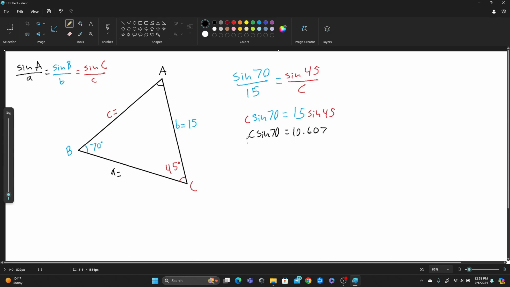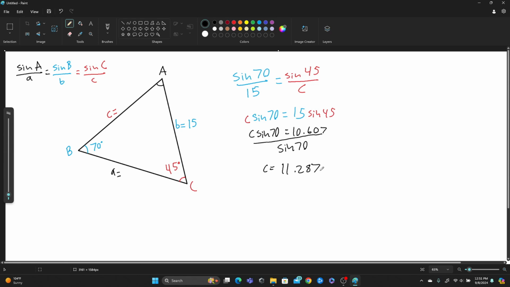To isolate this C, because we're trying to find side C, we're going to divide the whole thing by sine 70. So 10.607 divided by sine 70 is equal to 11.287.